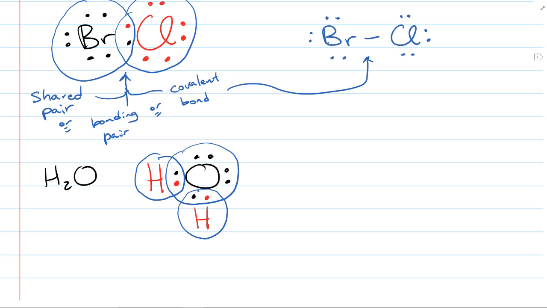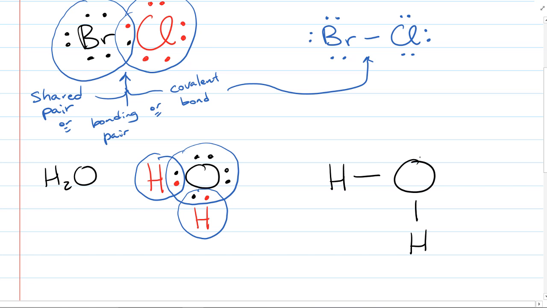So then when we write out the Lewis diagram for the H2O, we'd show the oxygen, we'd show each line here representing the shared pair of electrons, and then we place the extra dots out here on the oxygen like this.